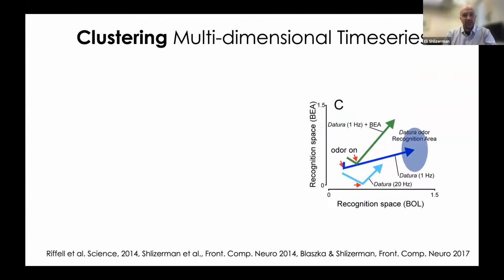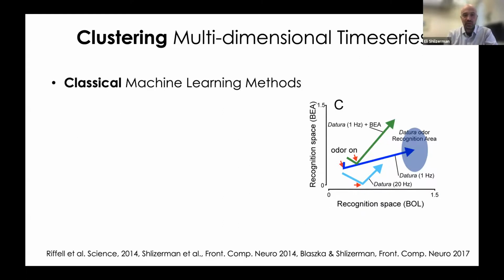All right, so in terms of clustering multidimensional time series, I wanted to survey quickly what are the classical approaches. And the classical approaches are mostly in terms of dimension reduction. So the goal is to take as much data as possible and then to see whether there is some low dimensional representation of the data.